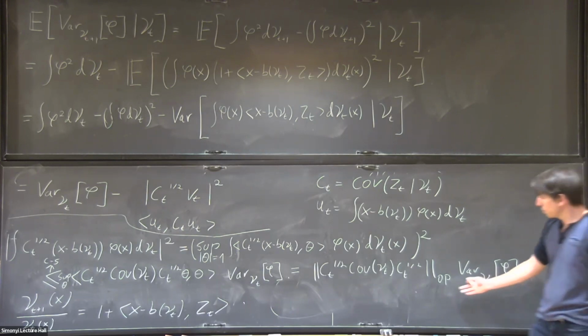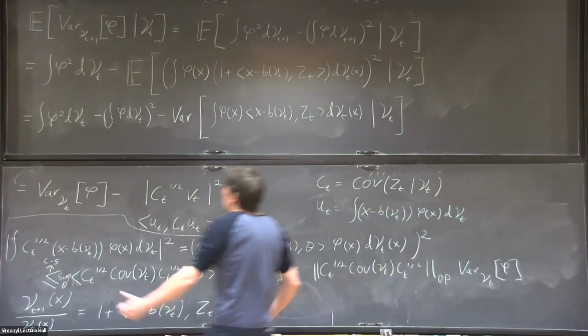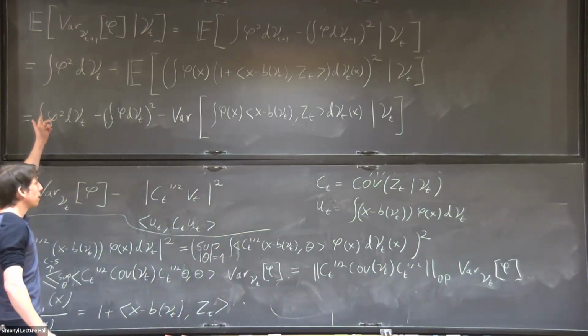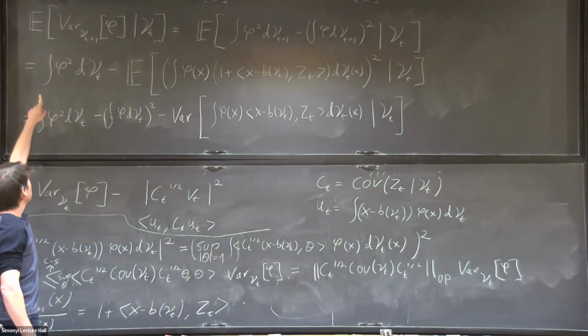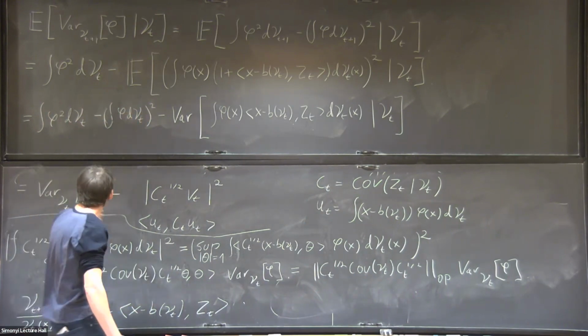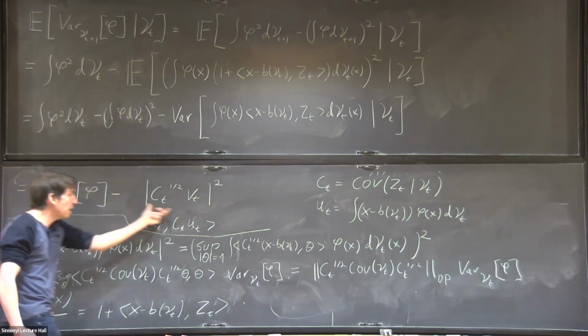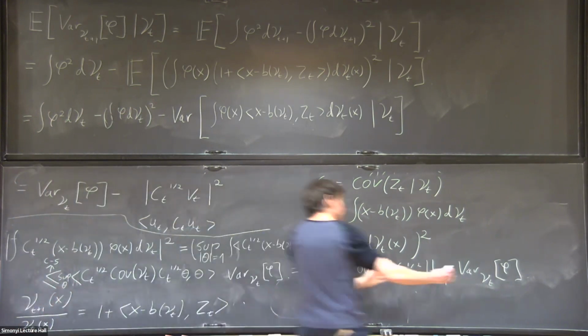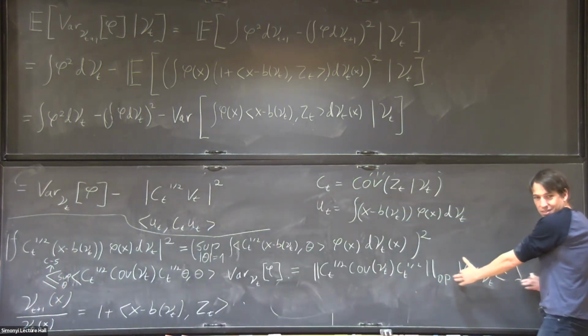This is really nice because what we got eventually is that the expected variance after a step is the variance minus something, which is again the variance times something else.